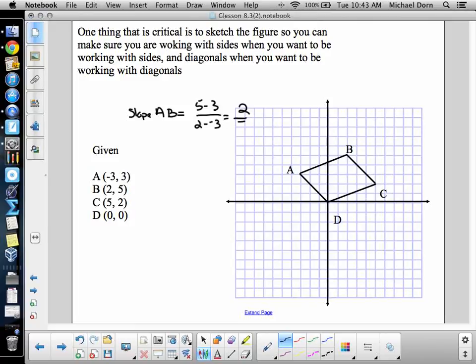That's 2/5. Good. Now I find the slope of BC. That's the next side. And I show my work. 2 minus 5 over 5 minus 2. That's negative 3/3, or negative 1.